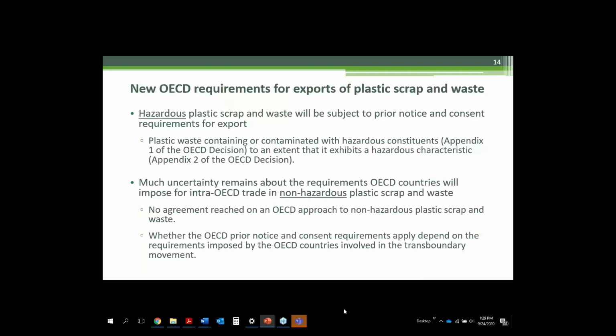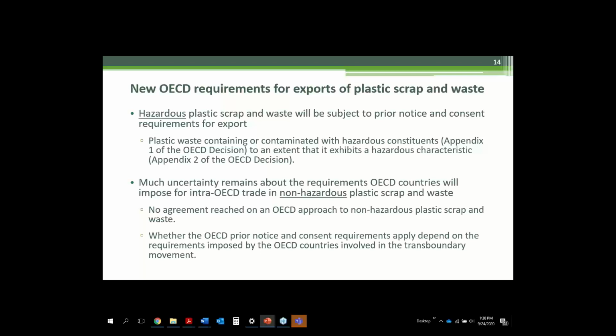So Basel and OECD's got those characteristics and more. And so if you contain a hazardous constituent from Appendix 1 and you exhibit a hazardous characteristic from Appendix 2, then you're hazardous plastic under OECD.